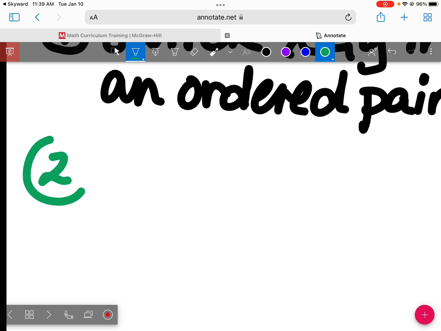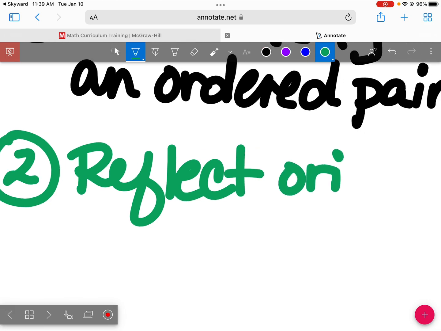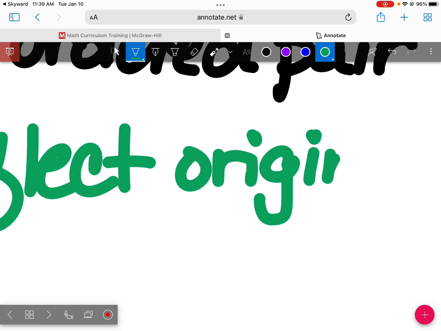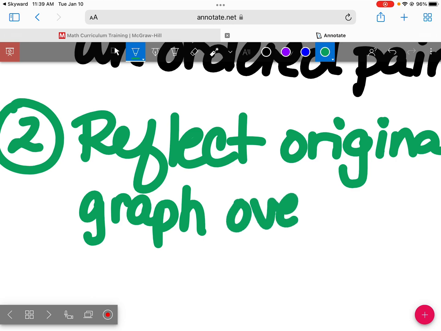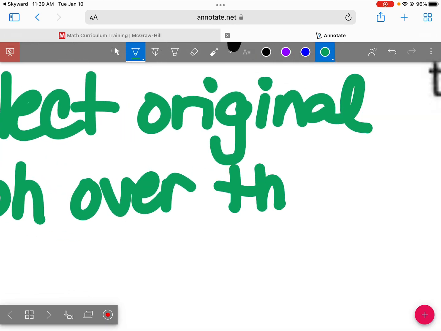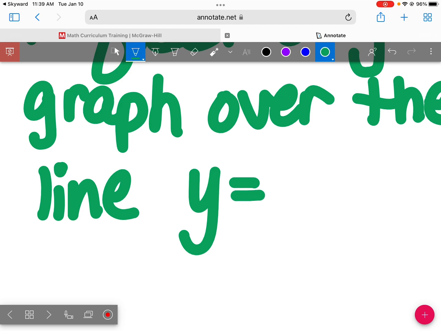So the other thing that I can do to find an inverse is reflect the original graph over the line y equals x. So that's the second way that we have.